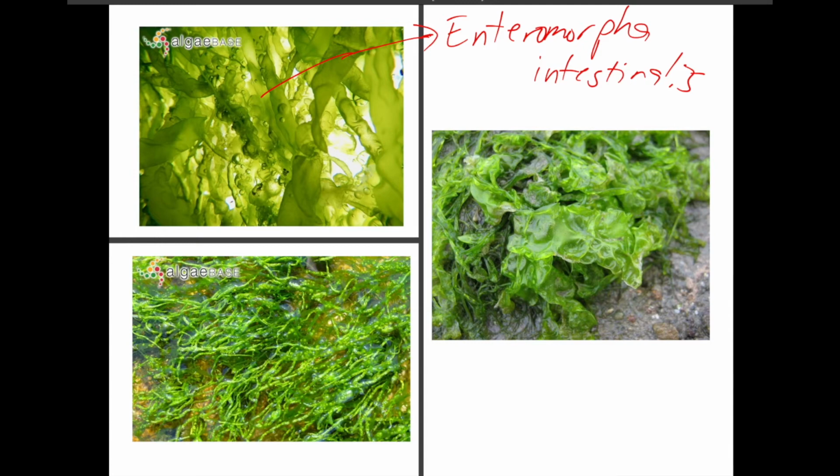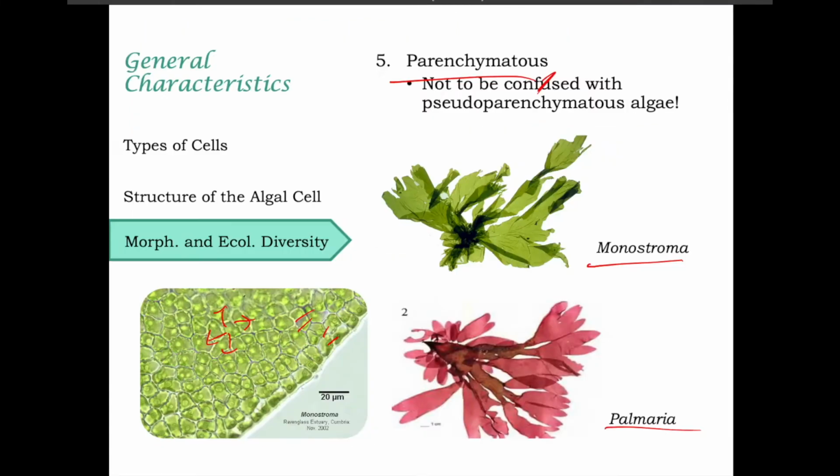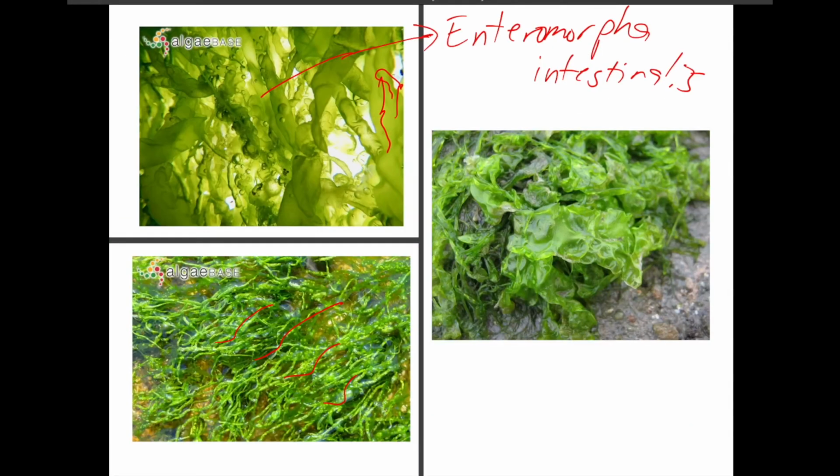These are actually a filamentous type of algae, but they look like undifferentiated cells, right? If you can see right here, this intestinalis, they look like the first one that we saw earlier. But they're not the same in morphology.